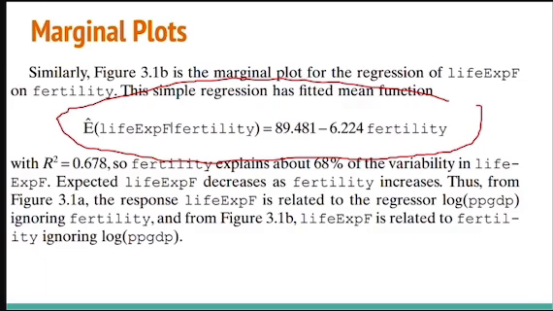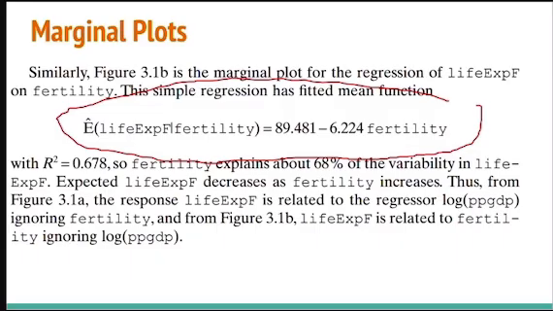And if I really want to know, out of the 100% variation in the life expectancy, how much of that is the fertility able to explain? Because of the R square that we have, the R square is 0.678. Of course, that explains 68% of the variability in the life expectancy.